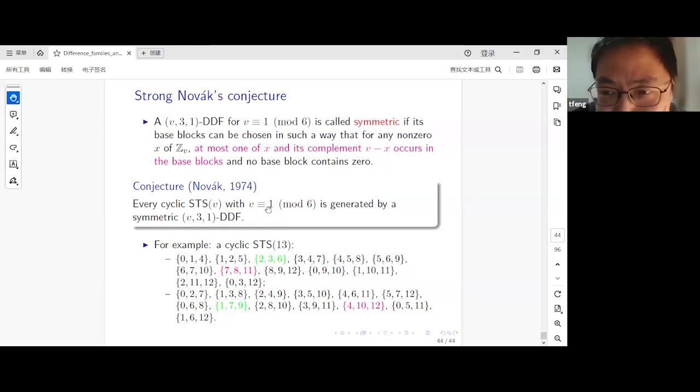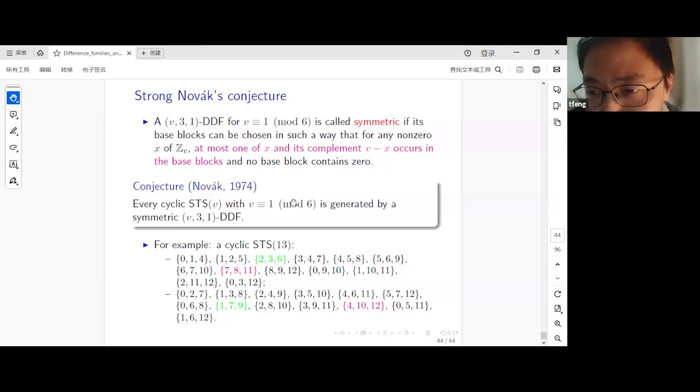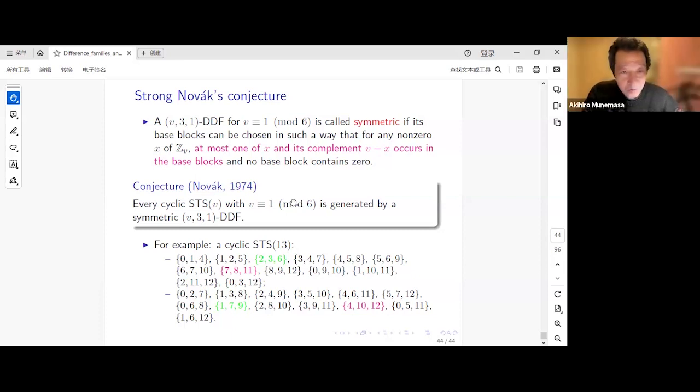Sorry, I'm not very clear on your question. In a difference family, you have several base blocks. Does it happen that the number of base blocks exceeds v over k?